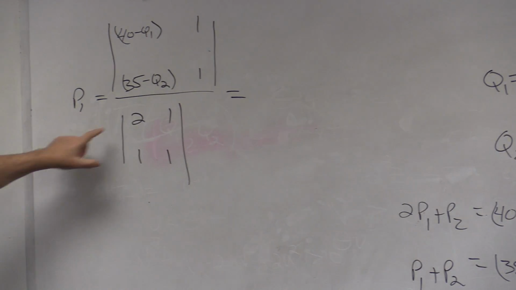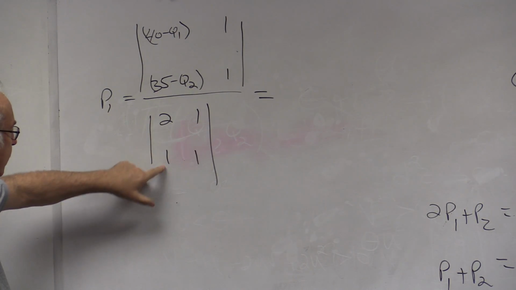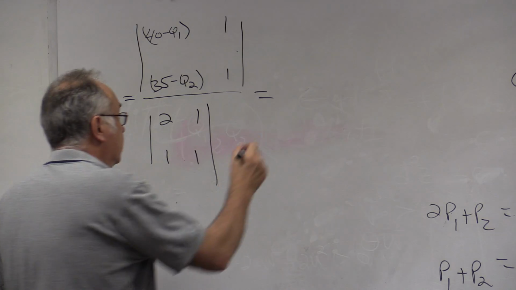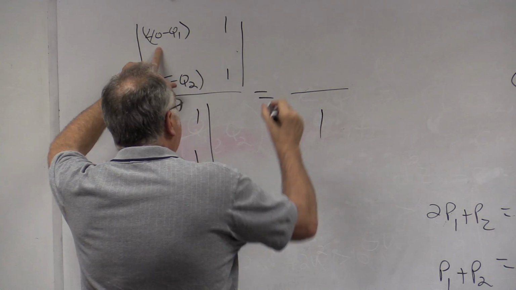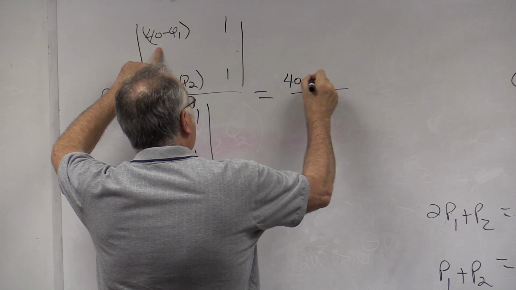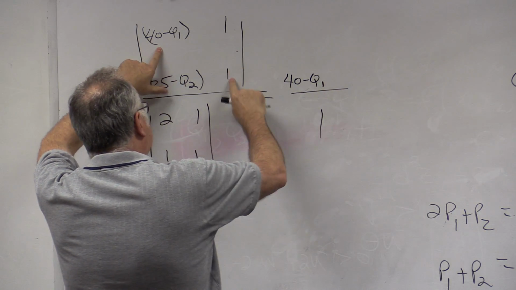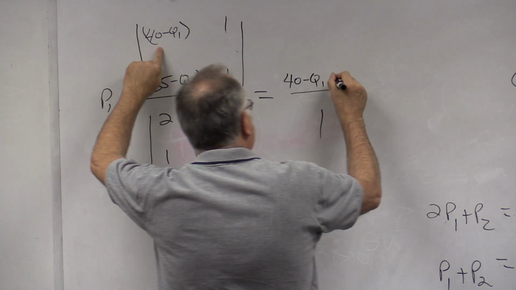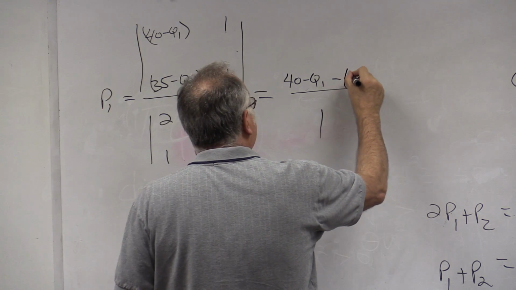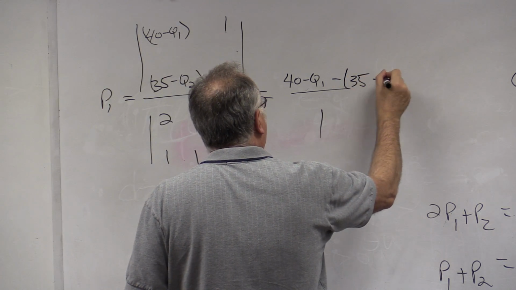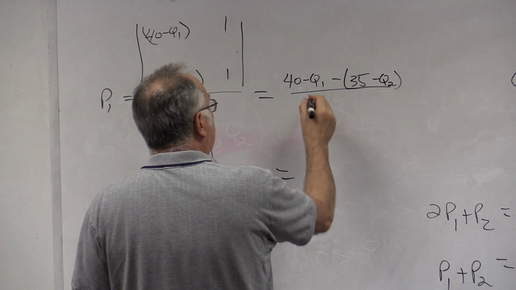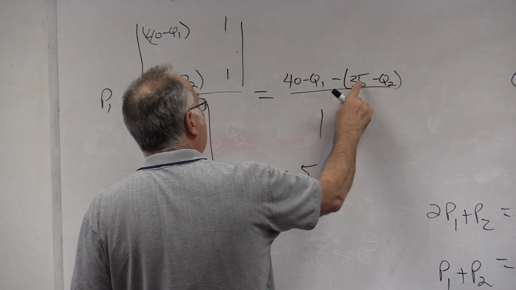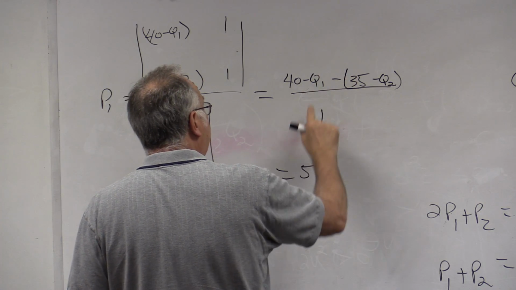So here we get 2 minus 1, which is just 1. Here you get 40 minus Q1, because you multiply that times 1, minus 35 minus Q2. And this just reduces to 5. 40 minus 35 is 5.